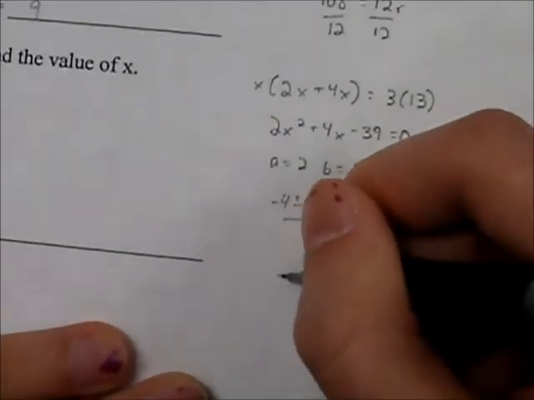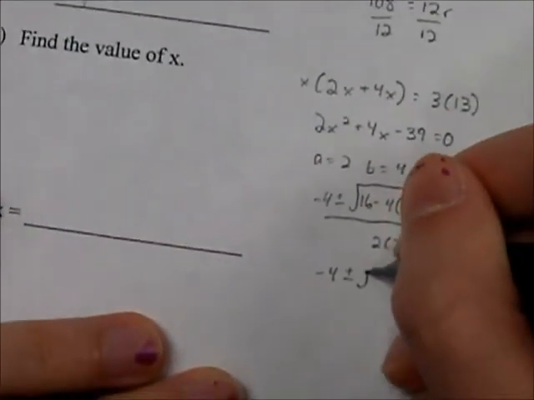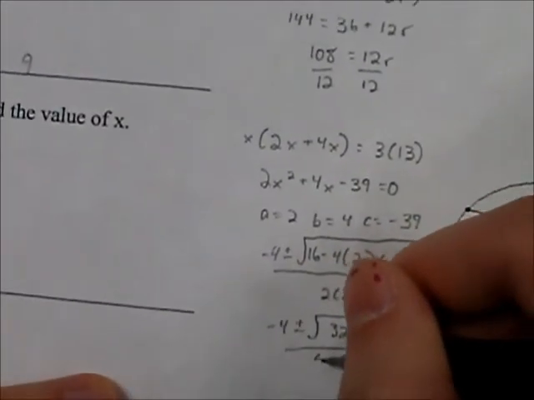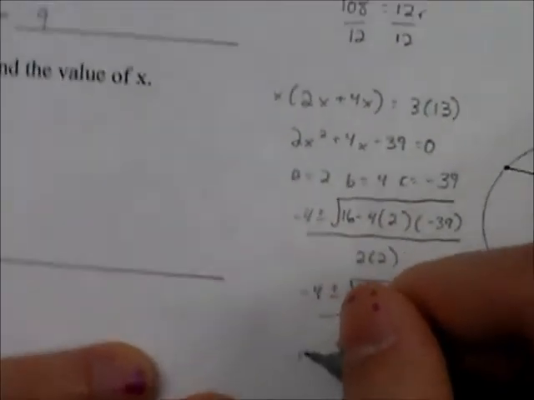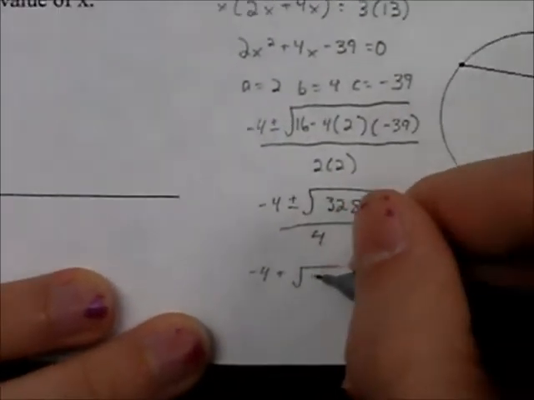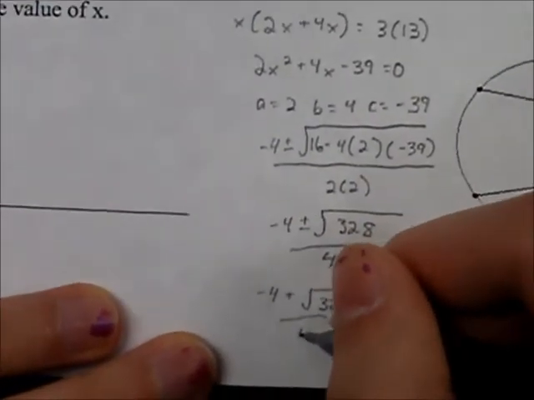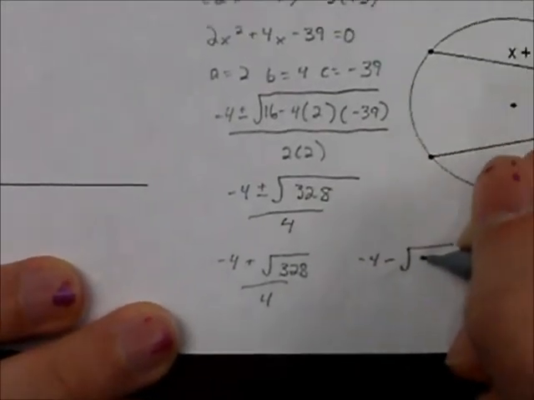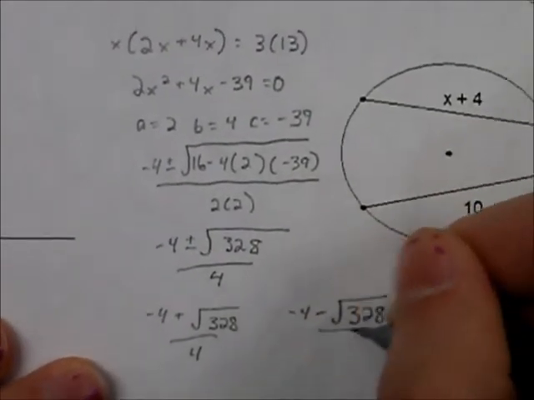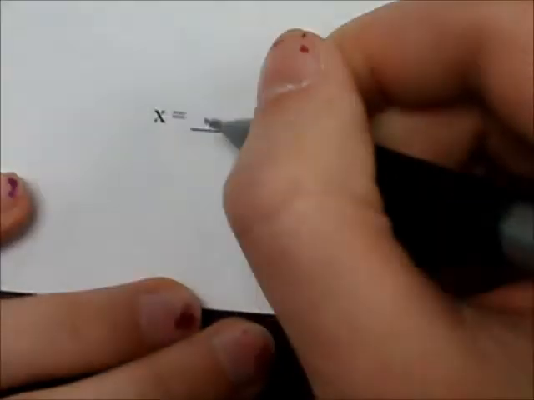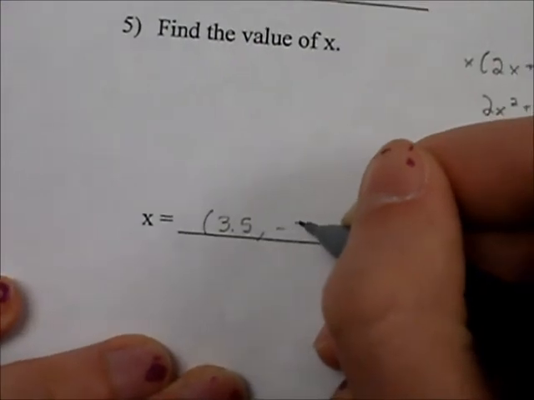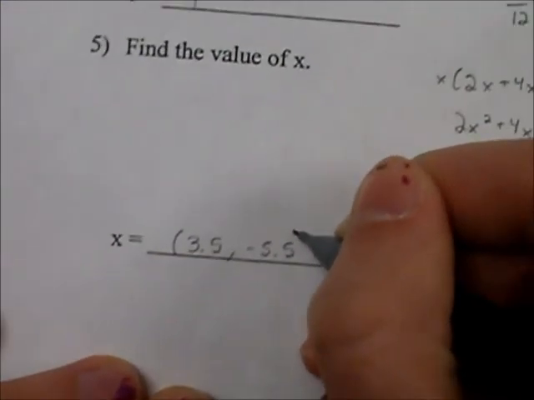Simplifying, negative 4 plus or minus square root of 328 all over 4. Then you add and subtract, so I'm going to do adding and then subtracting that. And then you have 2 answers again. One is 3.52 and the other is negative 5.5.